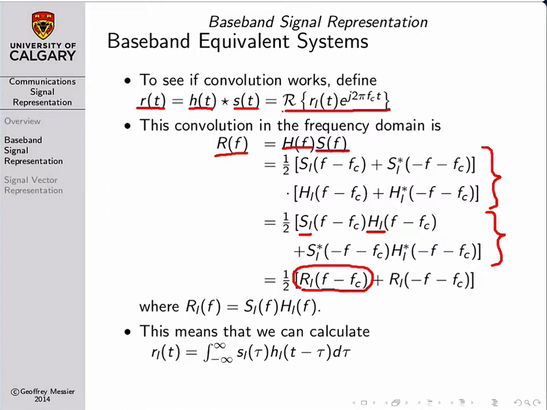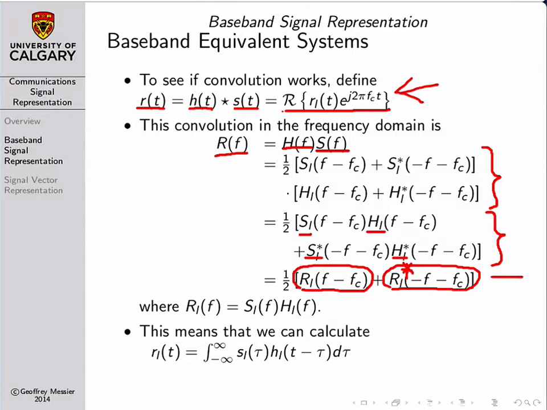Similarly, the conjugate signal component and the conjugate system component centered at minus Fc we can represent as RL. There should actually be a conjugate there. And then of course what we have here is just the frequency spectrum of our original passband received signal, R of t.